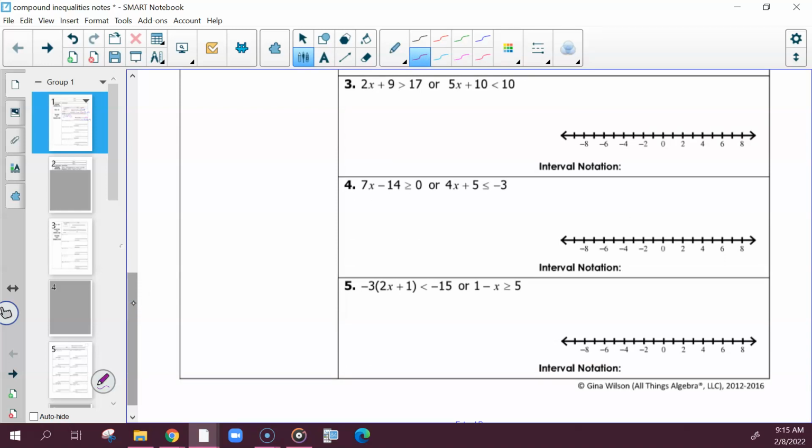So if I'm solving this side, I would do what to get x by itself? Add 14 on both sides. On both sides of this one, not to both inequalities. And then from there, divide both sides.